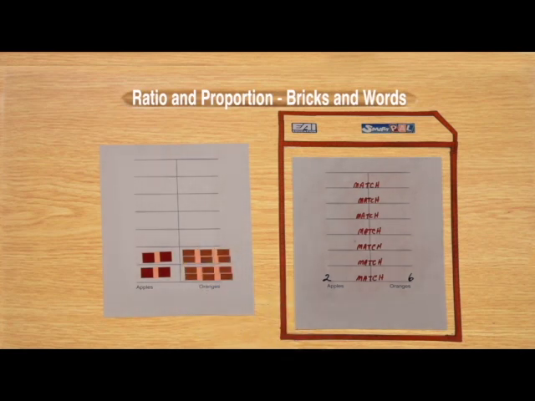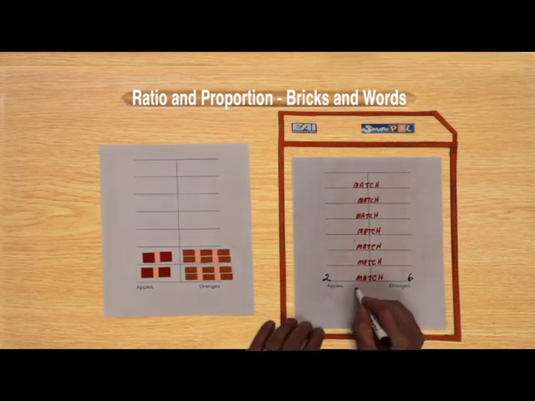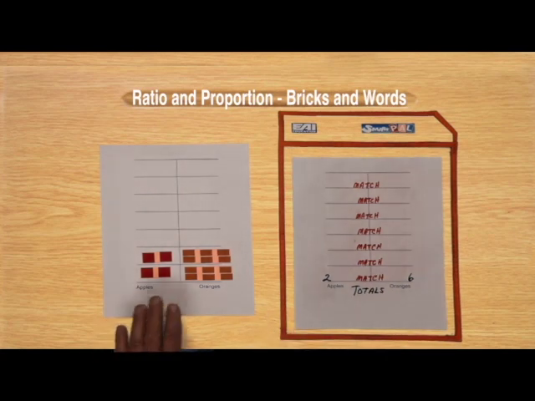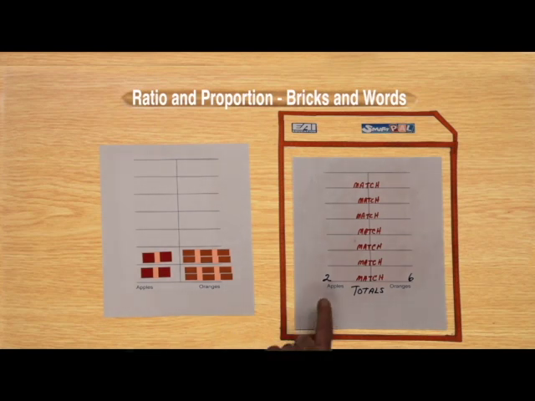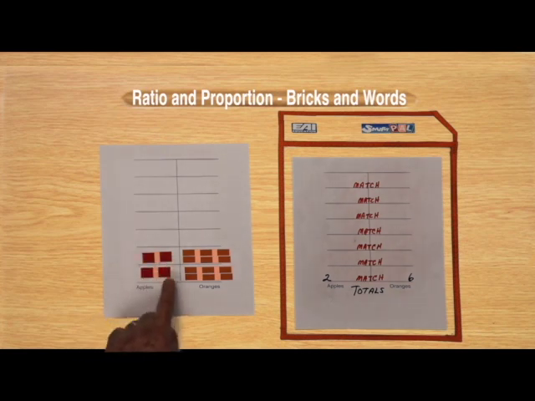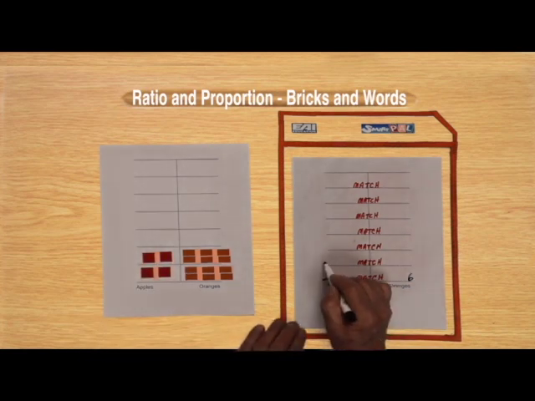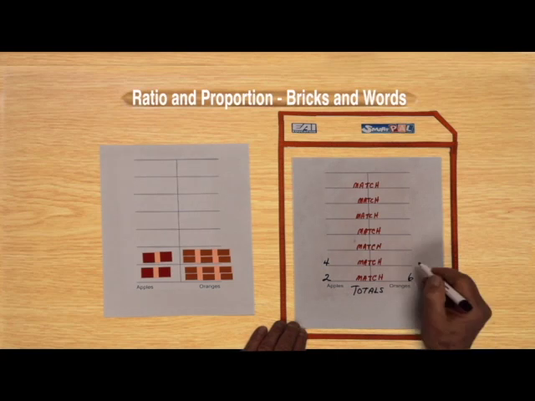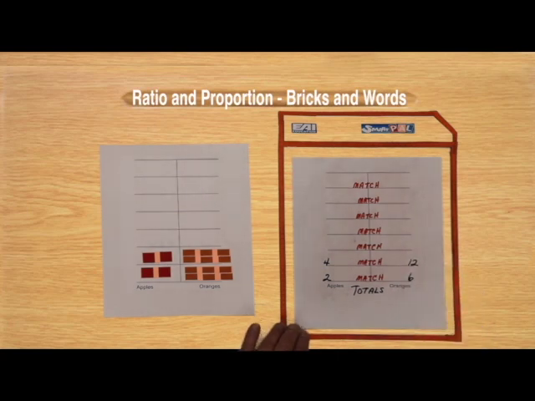So what we're going to do over here on our mat is record the total. We're going to record the totals as they appear on our work mat. So we first had a total of 2 apples and 6 oranges. We now have a total of 4 apples and 12 oranges.